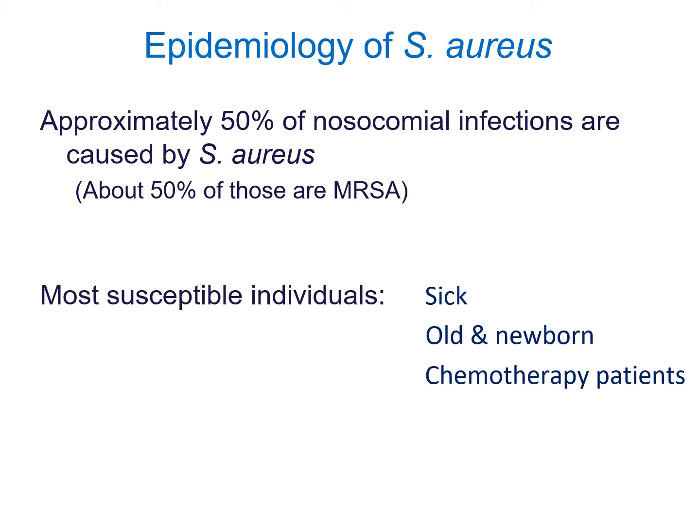And the people that are most susceptible, of course, are people that are already ill. A lot of those people in the hospital, no wonder. And also people that are elderly, newborns are quite susceptible, people that are undergoing treatment that will affect their immune system, such as chemotherapy, are also going to be highly susceptible.